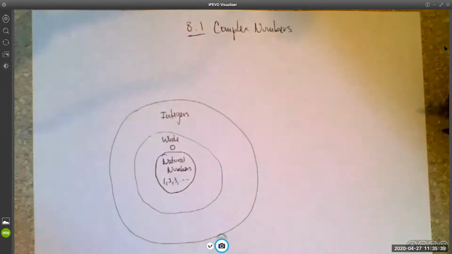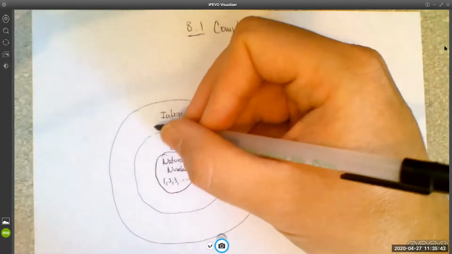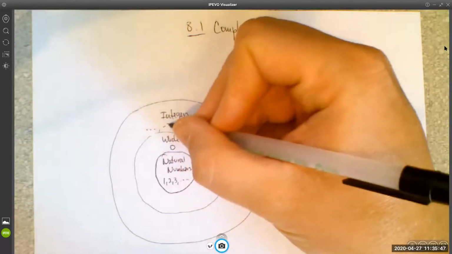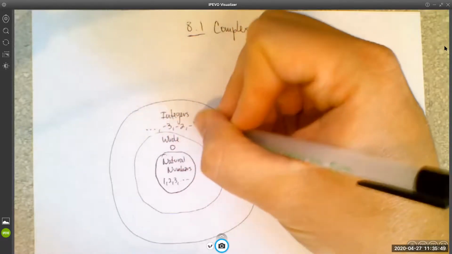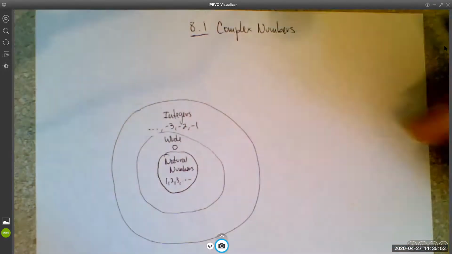So all of the positive and negative whole numbers are called integers. So the integers would also include all of the negative numbers, and then, of course, 0, and then the positive whole numbers as well.